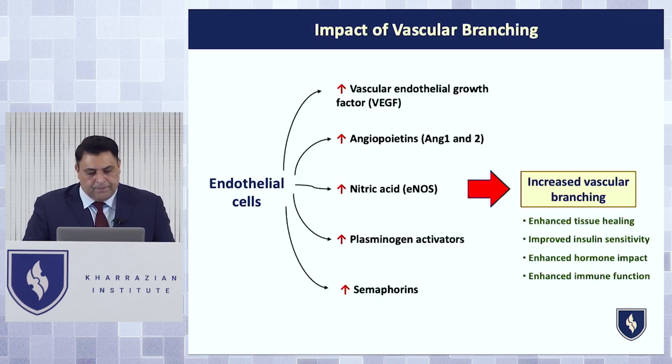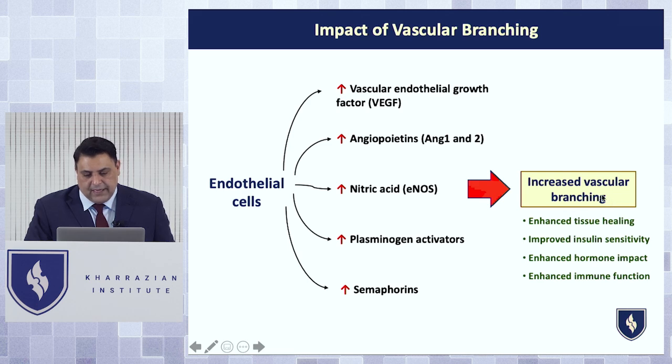These endothelial cells release things like vascular endothelial growth factor, VEGF, angiopoietins, ANG1, ANG2, nitric oxide, plasminogen activators, semaphorins, and these are signaling agents that increase vascular branching.